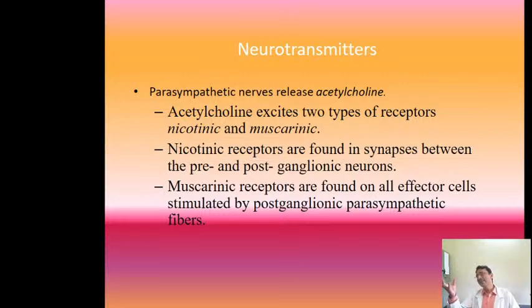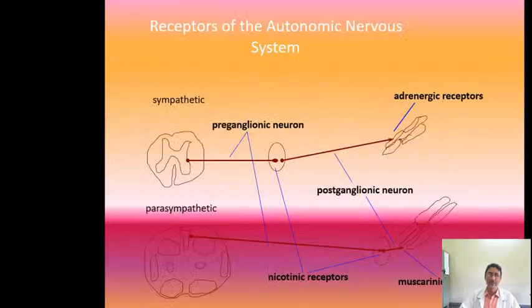That means the vagus nerve innervating the heart. So on the heart you will find that muscarinic receptors are present. This is the way it goes at all the junctions where the parasympathetic nerve fibers end on the viscus or on the glands; you will find that it is a muscarinic receptor.